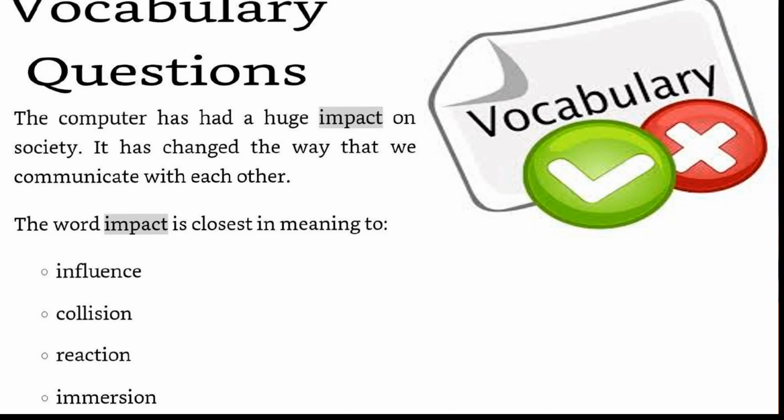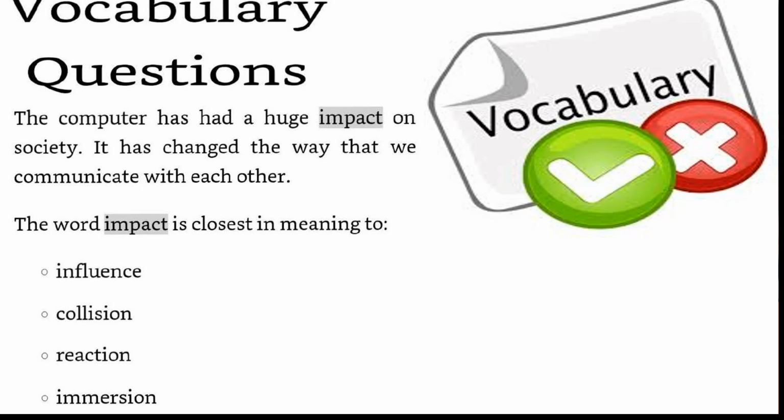I would like to give you some direction here. The word impact can mean collision in certain contexts, so make sure that your word is not only a synonym. That's why I put this example and illustration for you. Make sure it has the correct meaning for the context. Always look back at the sentence that has the vocabulary word and read the sentence very carefully.